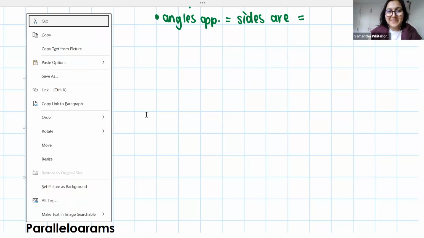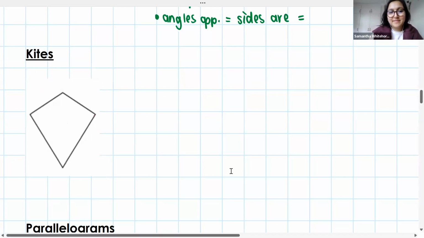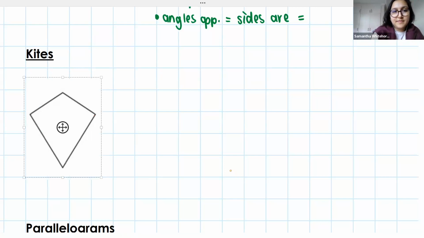Hi. Ma'am, the characteristics of a kite, no sides are parallel and both pairs of adjacent sides are equal. Okay, cool. So let's start with, in a kite, we have no parallel sides. And the next thing is that we've got two pairs of adjacent sides equal.